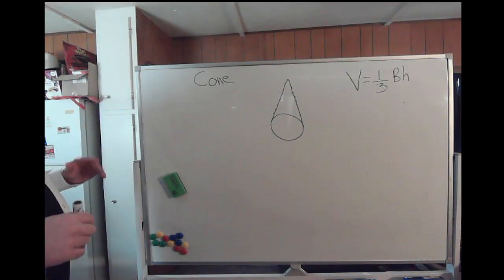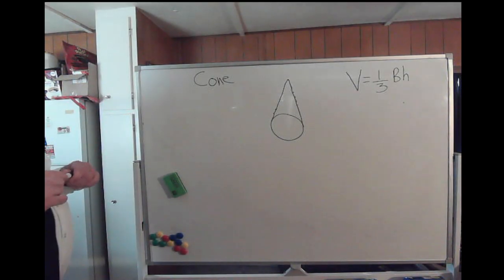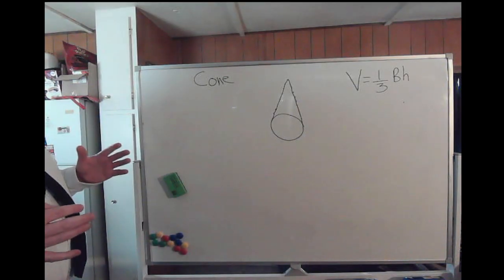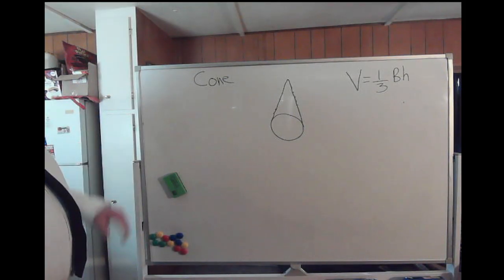That's a cone. A cone basically just has one base, kind of like a pyramid does. You could think of it almost like a circular pyramid. That's what a cone is.